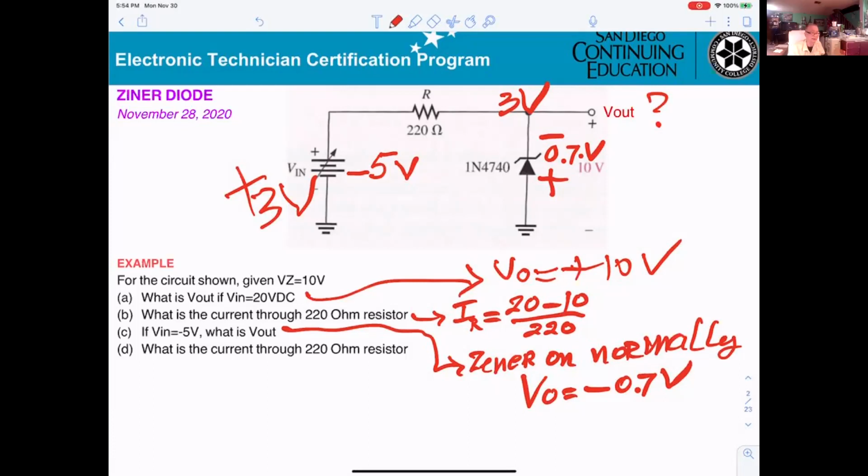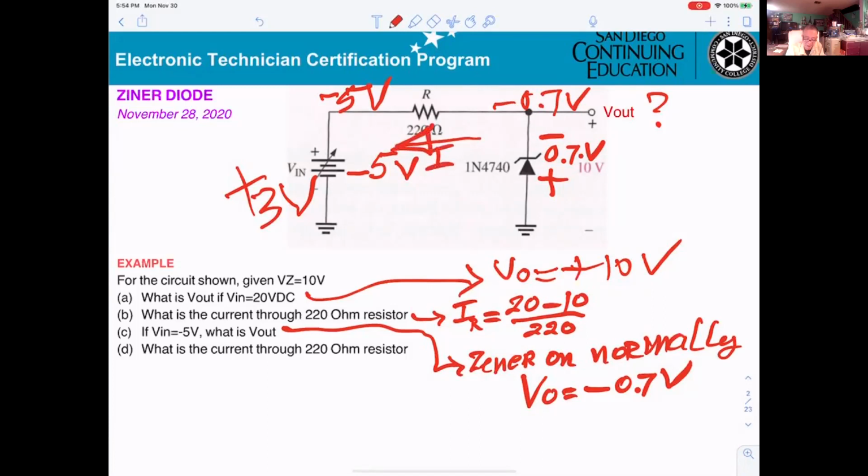Okay, last one. If they get negative 5 volt, what is the current? How do we calculate it? Negative 3.18 milliamp? Yeah, that means right here you get minus 0.7 volt, and this side you get minus 5 volt. So the current will go this way.